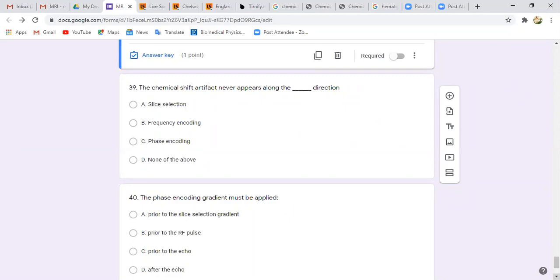Well, I think I missed it, but looking at it carefully now, I didn't see the word never. It should be phase encoding. I chose frequency because I didn't see the never. It should be phase encoding, because it usually occurs along the frequency encoding axis.